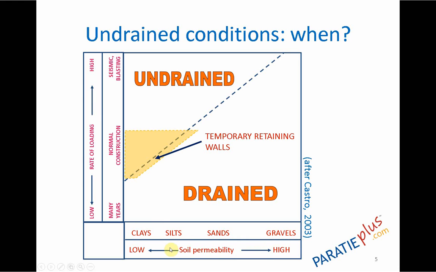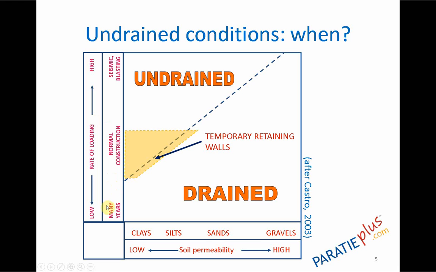Of course, in this representation that is quite effective, we see that we put in one direction the parameter that is relevant in this case, that is the soil permeability, that is very low for clay and for silts and becomes quite high for coarse material. And on the other axis, we put the velocity of loading, or the rate of loading.